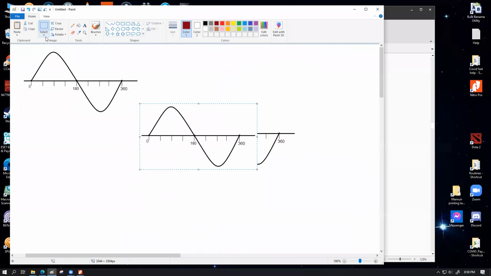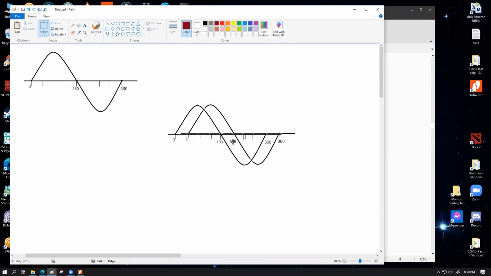Now if I try transparent selection, maybe place it like that. Disregard the 180 writing. I'm trying to overlap them properly so that I can make sense with you. So you should be seeing that between these two waves there is a 90-degree deviation. We say this is a lagging wave and this is the leading wave.